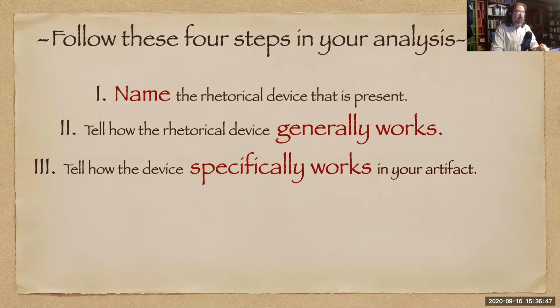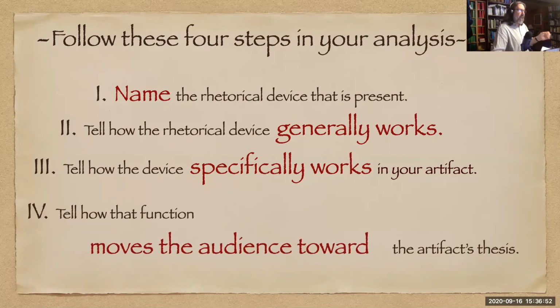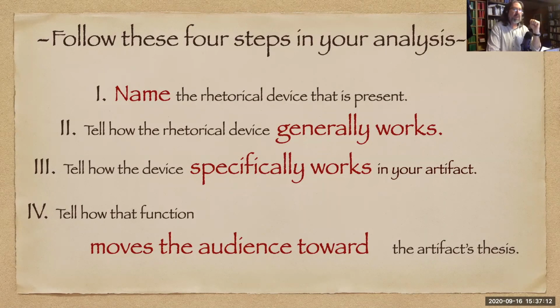Now, in the final analysis, I begin to say, here's what doing that does to help my rhetor get their audience over to that thesis. Those are your 4 steps. Name a rhetorical device. Tell how that rhetorical device generally works. Tell us how that rhetorical device is specifically working inside your artifact.